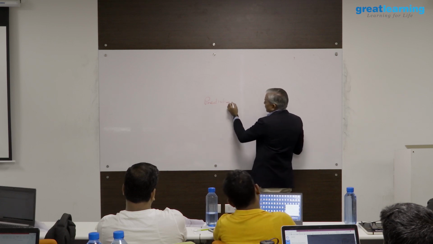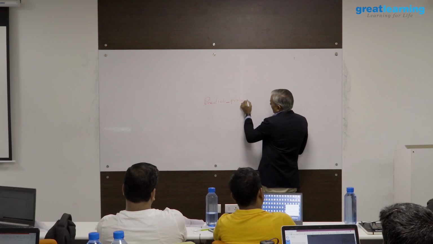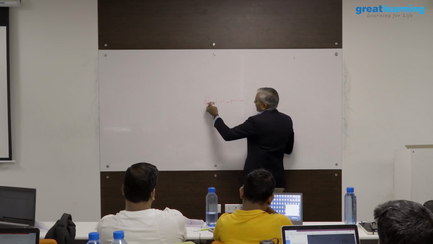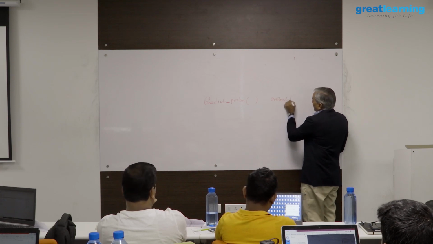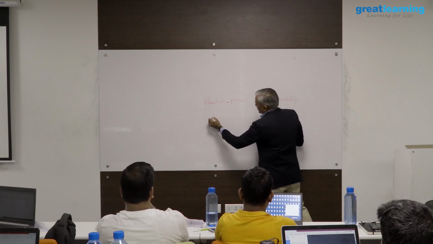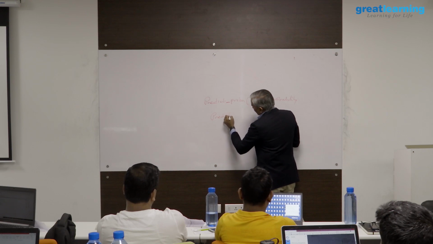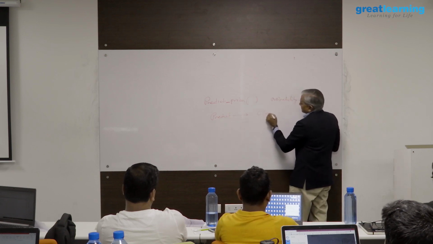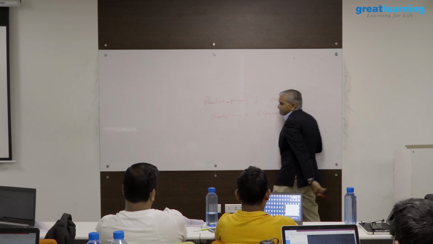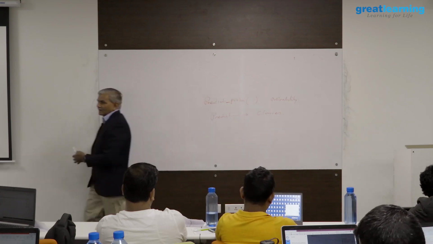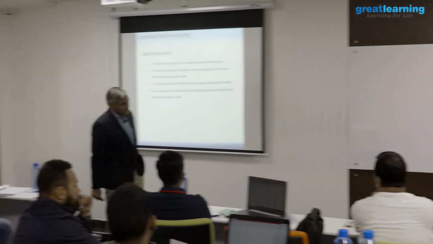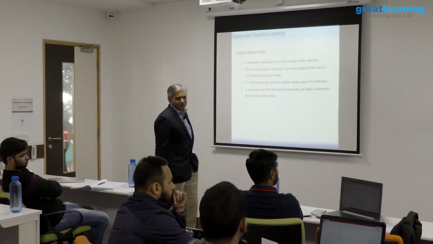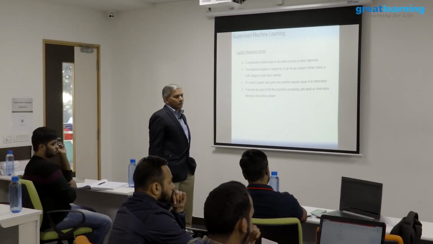We just add underscore proba. This function will print out probability values. If you go for just predict, this will print out the classes. Decision tree also has this, naive-Bayes algorithm also has this, logistic also has this. Predict underscore proba.